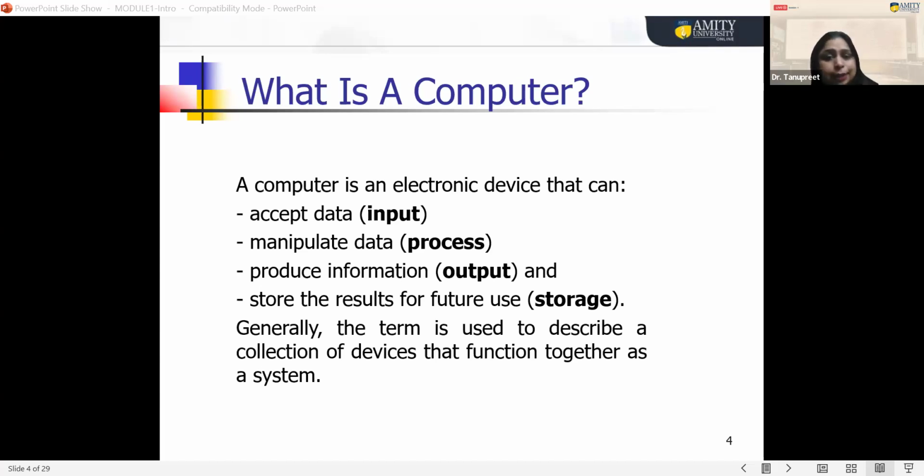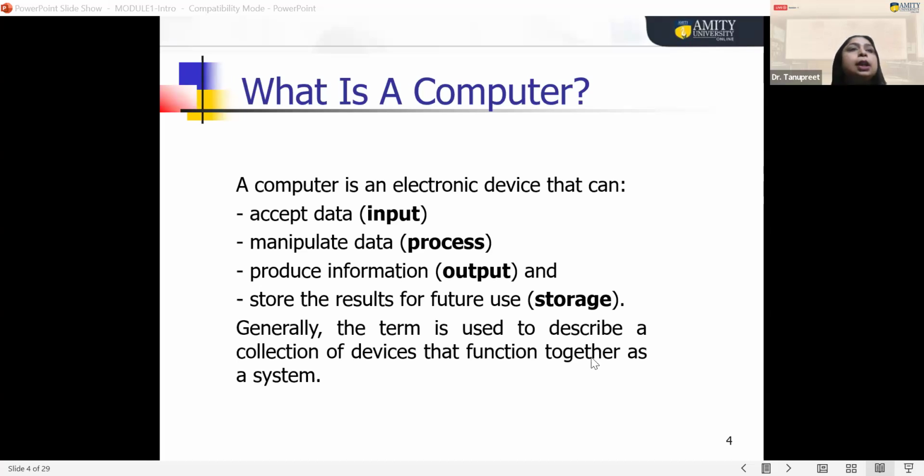Computers are a very integral part of modern society, because they impact our culture, our lifestyle, and our communication. Whether it's entertainment, education, business, or any sort of research, computers are used everywhere.